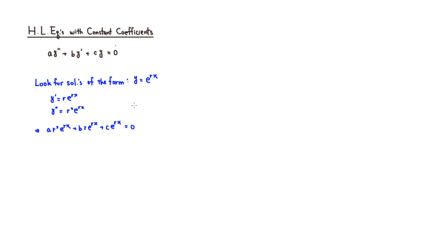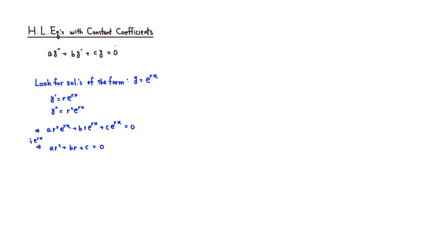Since e to the rx is a positive quantity, I'm going to divide through by e to the rx. What you end up getting is a r squared plus b r plus c is equal to 0, since 0 divided by e to the rx is still 0.